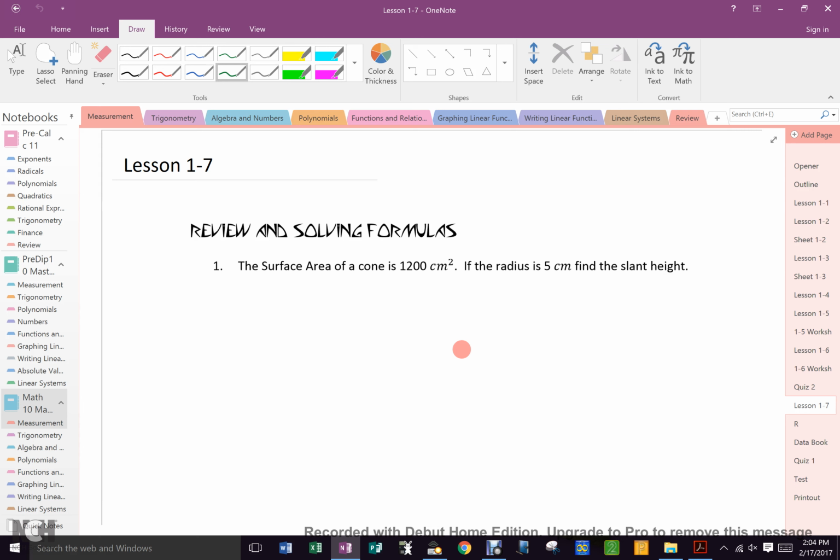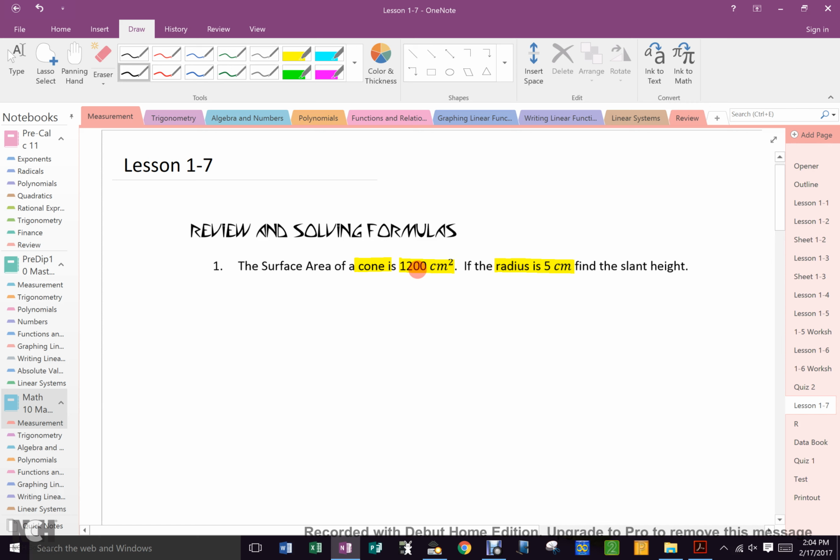It gives me a surface area and a radius. What else does it give me? The shape with which I am working. What shape is that, Sean? A cone. So already this question has told me that I need to deal with the surface area of a cone, and I know the radius, and I know the surface area.